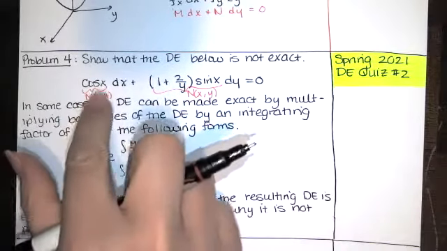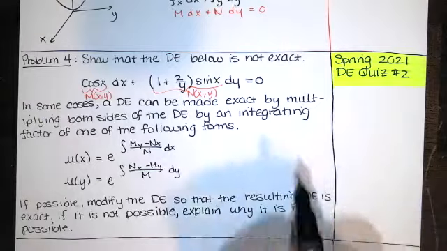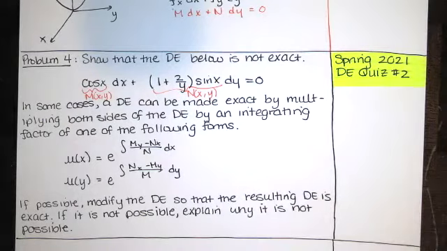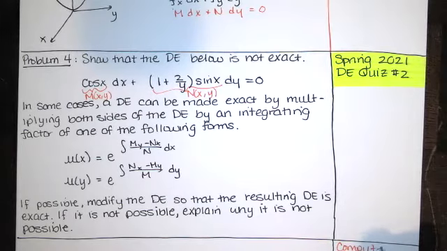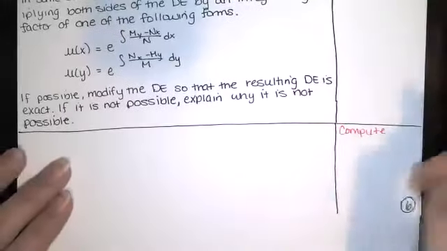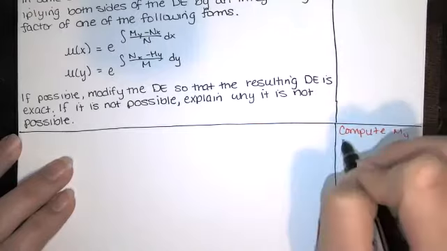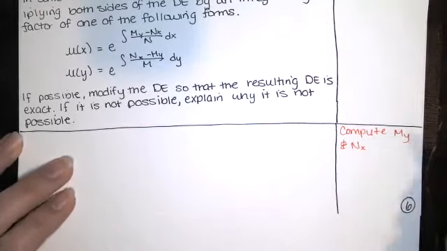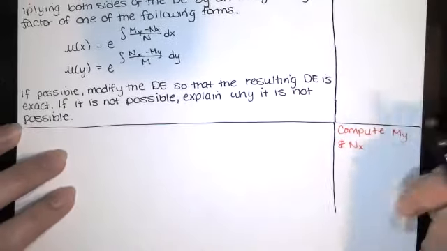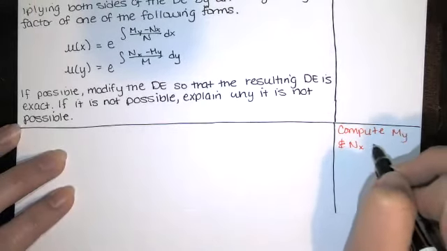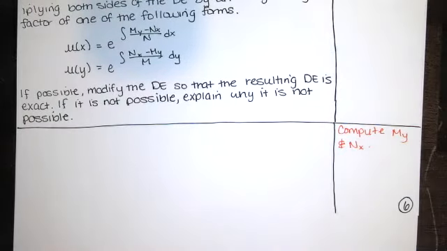We just need to show that those partial derivatives aren't equal to each other, and then we know that the differential equation is not exact. So we'll just compute those partials, and then we'll show that they're not equal to each other.